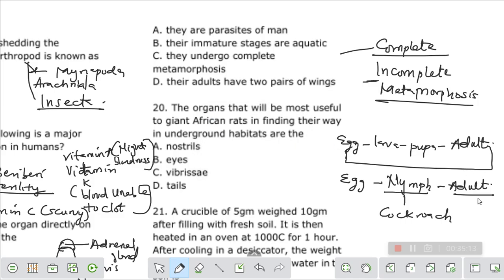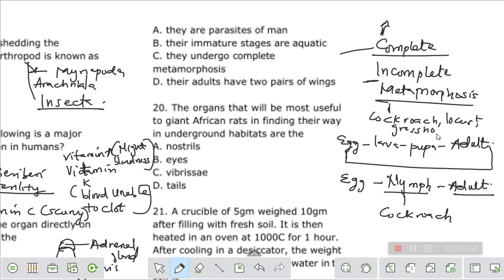We have the cockroach, the locusts, the grasshopper, the dragonfly, the termites, praying mantis, aphids. So those are incomplete. Please note their examples. I think I've mentioned every one of them.